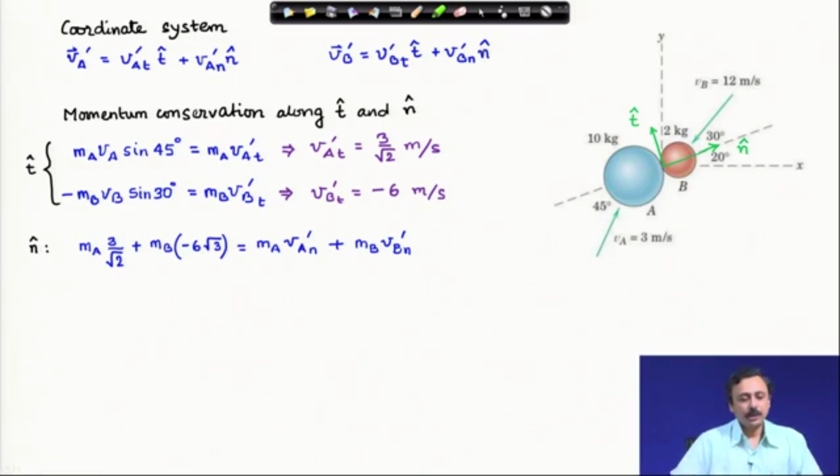Now, we come to the normal component. This equation we had discussed and derived: mass of particle A times its normal component. How can I find out the normal component of the velocity?